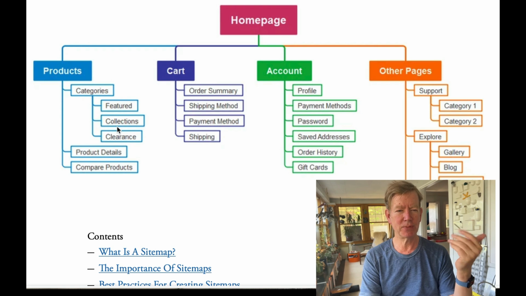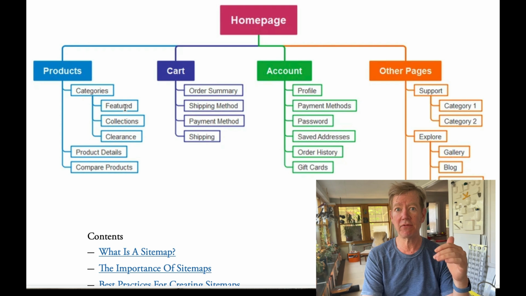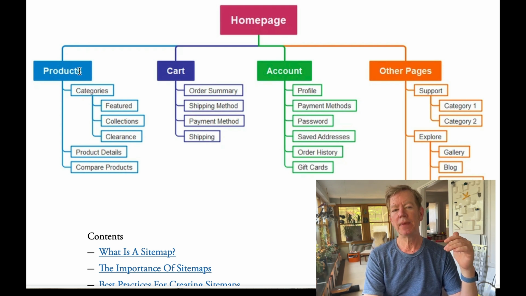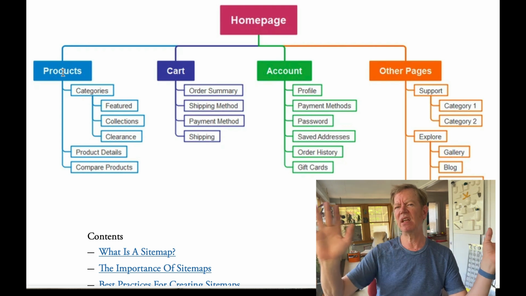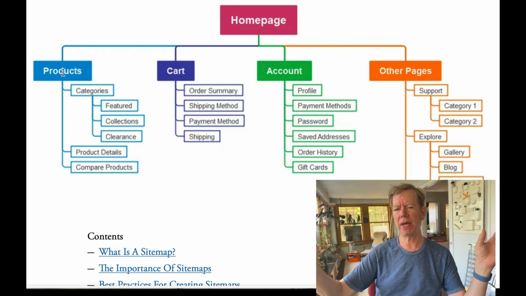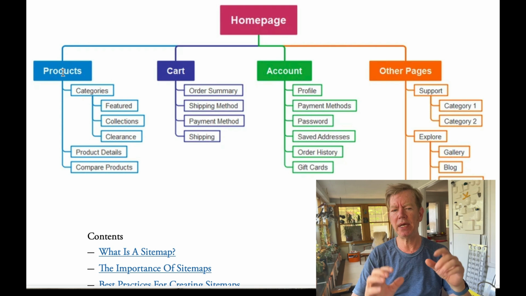Some are featured, some are collections. Then there is another page, so this could represent a page. There's a category page, a feature page, and that is fine. It's fine to use this to represent pages, and this to represent something more like navigation, what goes at the top of the page, rather than being a page in itself.